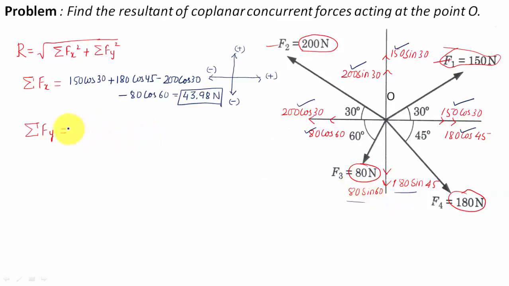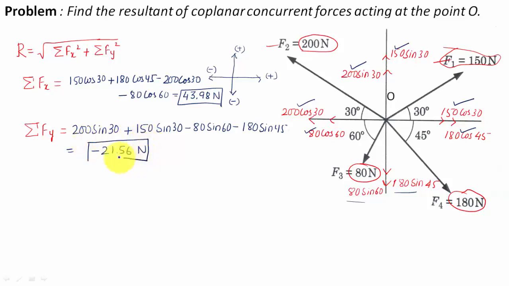So: 200 sin 30 plus 150 sin 30 minus 80 sin 60 minus 180 sin 45. When you put in all these values in a calculator, you get negative 21.56 newtons, approximately, to two decimal places.